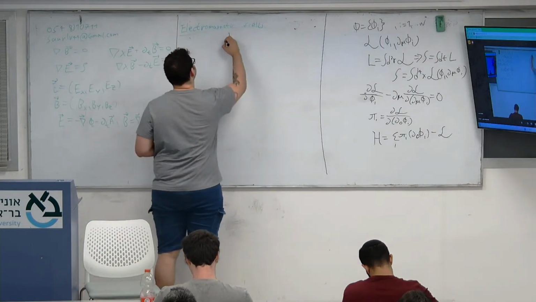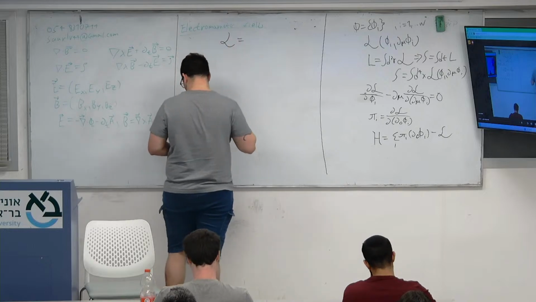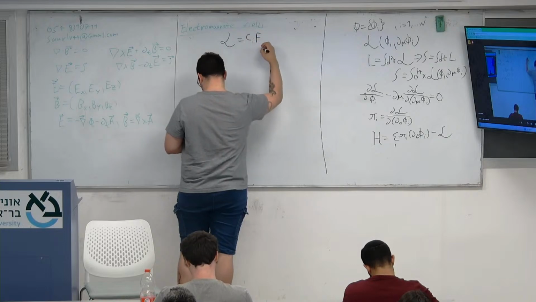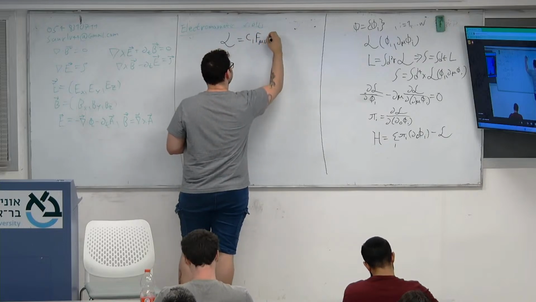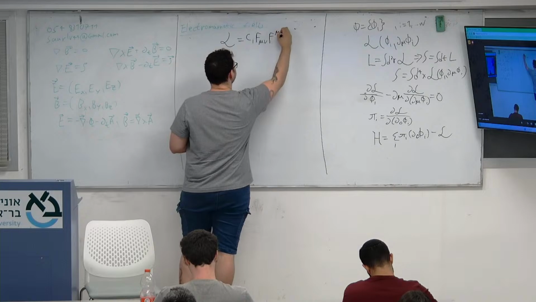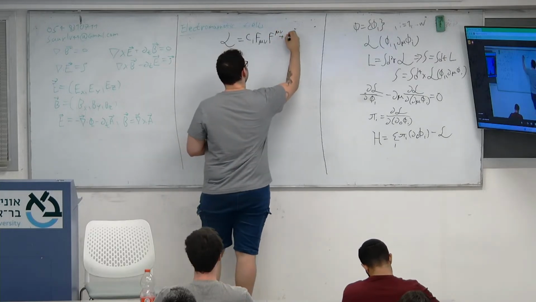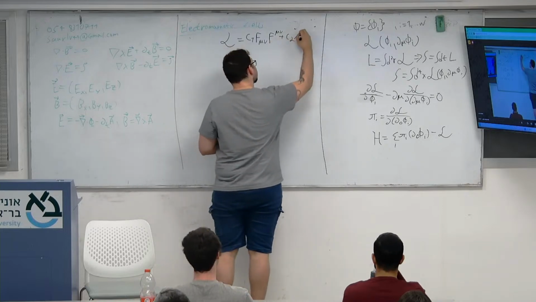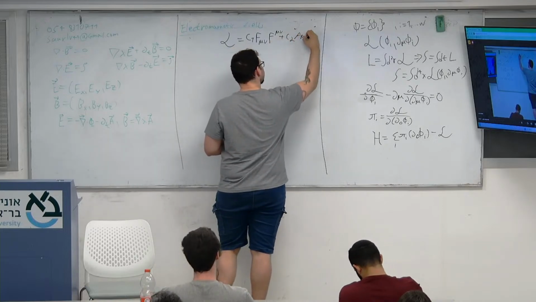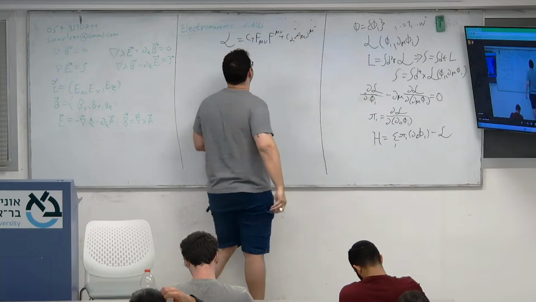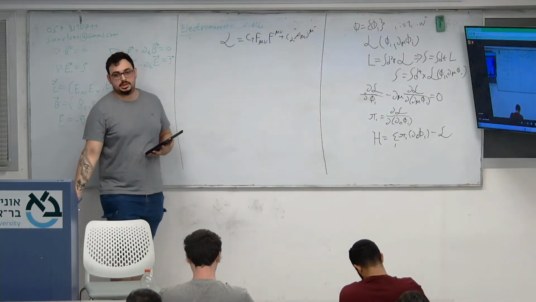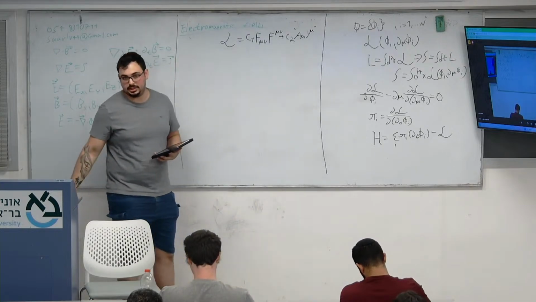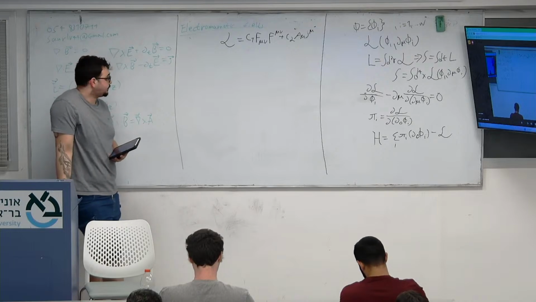We are given a Lagrangian density, C1 F mu nu F mu nu plus C2 A mu J mu. Notice here that our field is the potential field and not the 4 current density vector.